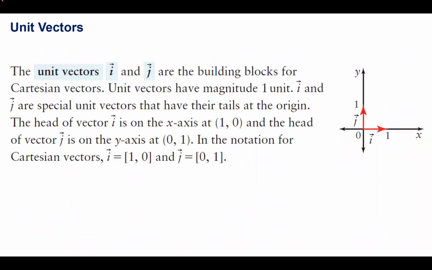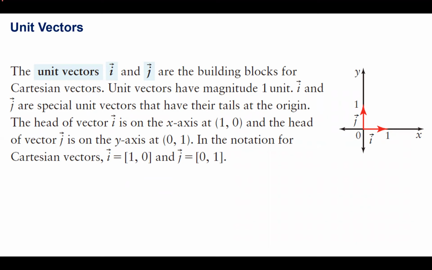Okay, then let's have a look at another concept, which is called unit vectors. So unit vectors in two space, vector i and vector j, are building blocks for Cartesian vectors. Unit vectors have magnitude 1 unit. Vector i and vector j are special unit vectors that have their tails at the origin.